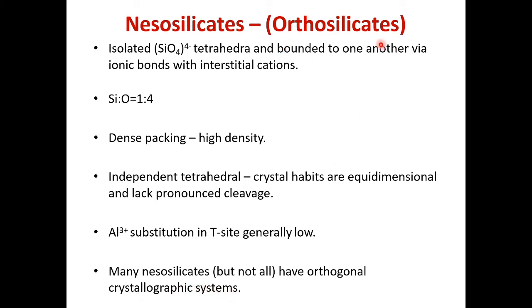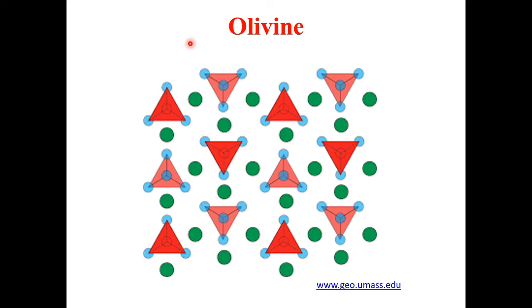That's why these are called orthosilicates. Because we all know that there are 6 crystal systems: cubic, triclinic, and there is one more which is called orthorhombic. So orthorhombic represents most of the nesosilicate minerals.